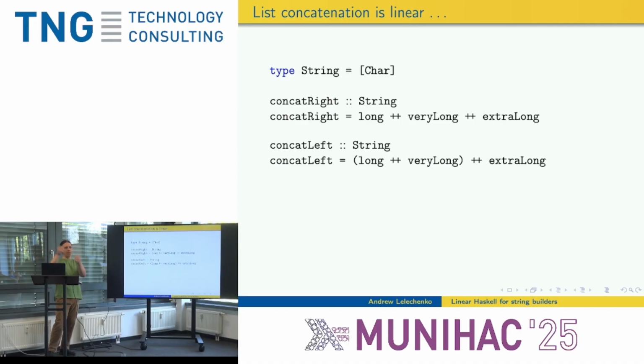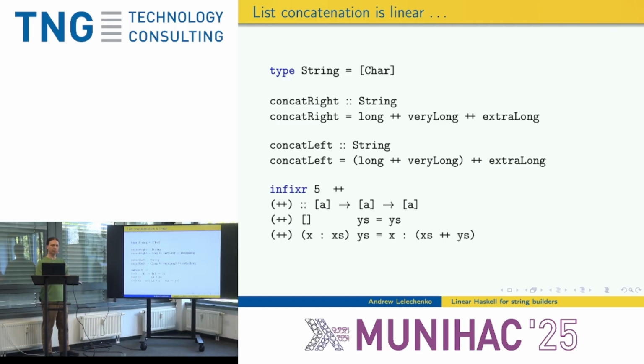You just go and copy it. It's linear in time on the first list, the leftmost list. So if you concatenate a very big list and a small list, it will take a very big amount of time. I think we are approaching the answer here.